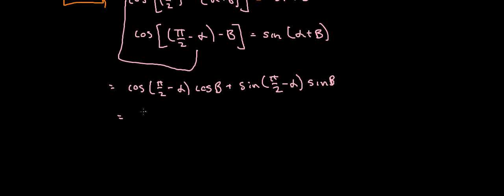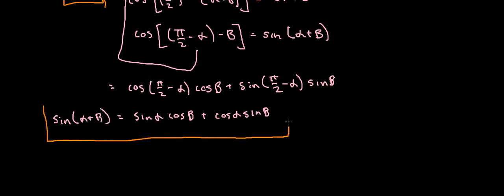Cosine of pi over 2 minus alpha is sine alpha, cosine beta is just cosine beta, sine of pi over 2 minus alpha is going to be equal to cosine alpha, sine beta. And this was equal to sine of alpha plus beta. Here is the sum formula for sine.